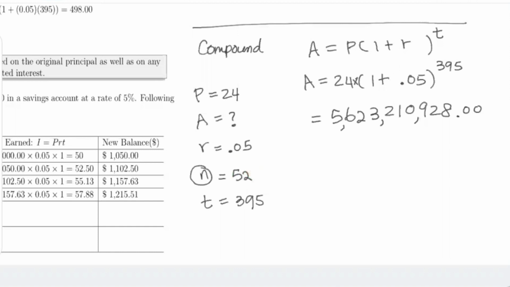So how do we define N? N is the number of interest payments per year. That's N. Let's look at it.